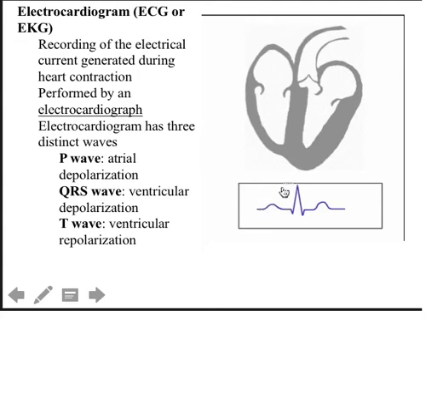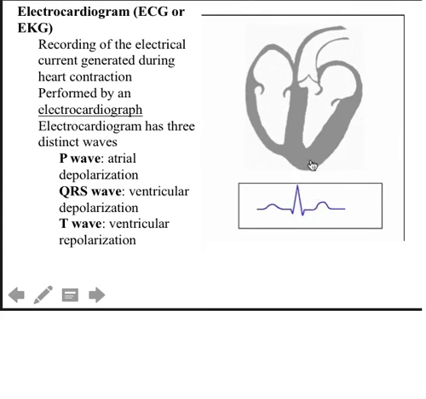All right. Then we stop at the AV node, and the signal very quickly rockets down the AV bundle to the bundle branches to the apex of the heart and up the Purkinje fibers. That's represented by the QRS complex. That's followed by ventricular systole, which happens right around here.